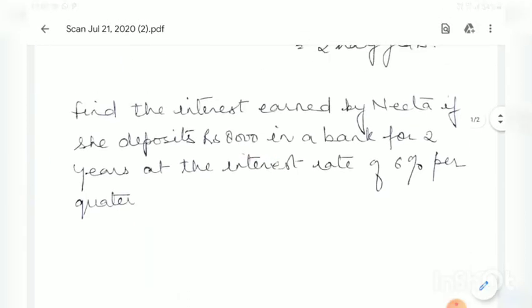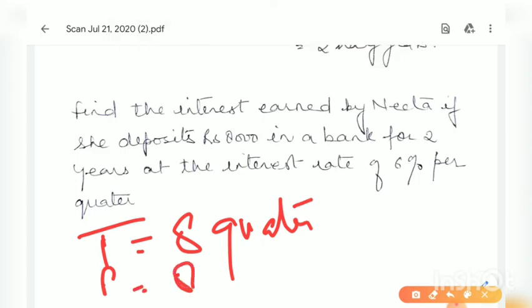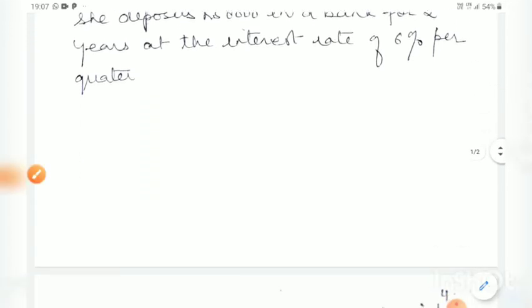So time is 8 quarters, P is 8,000, and the rate R is 6%.